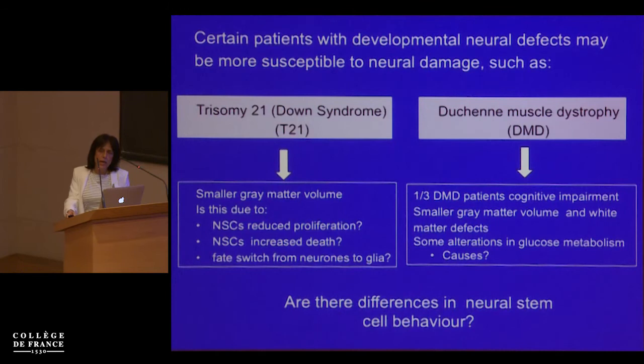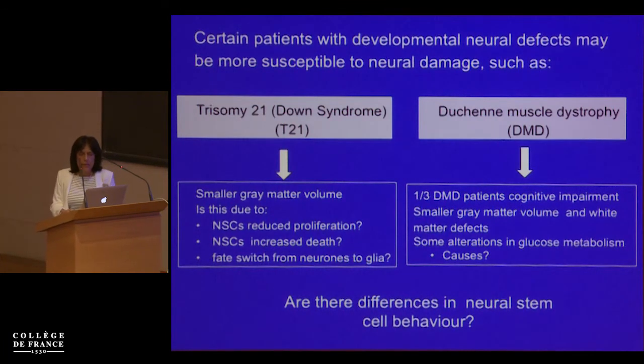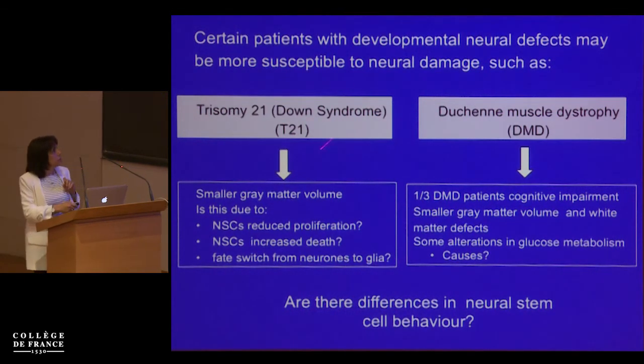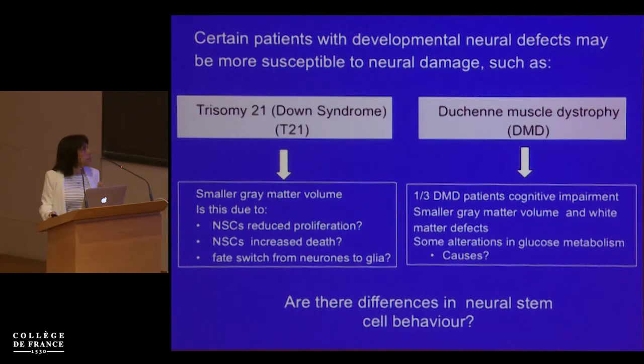As I said, we are really interested in a lot of developmental diseases of the nervous system. And trisomy 21 and Duchenne muscular dystrophy attracted our attention because of the neural impairment, which is less well known concerning Duchenne muscular dystrophy. But one of the issues with trisomy 21 is what is causing the reduced gray matter volume, and can anything be done to improve the conditions?